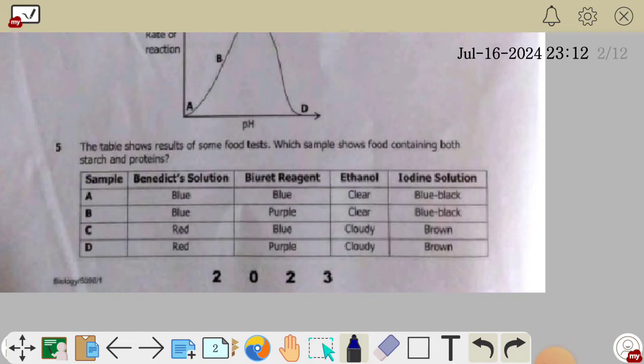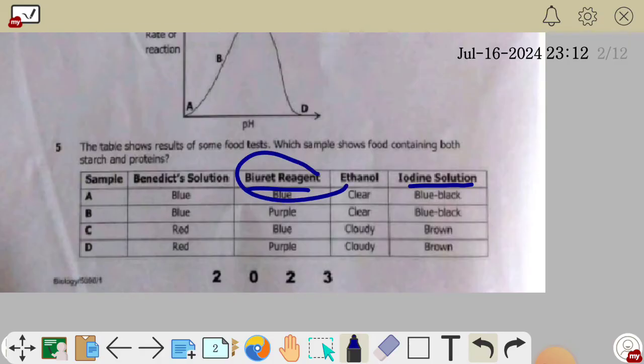And our question here, they're asking which food samples show foods containing both starch and protein. So in this table, we're just interested in protein, which is biuret reagent, and iodine solution. That's what we are interested in.